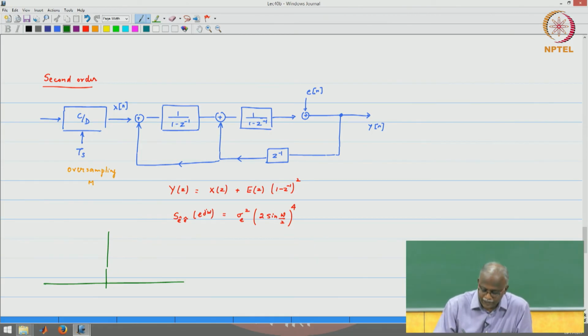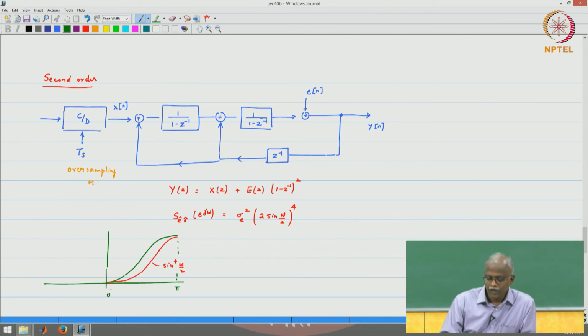So, if this is sine squared omega by 2, then this is going to be sine power 4 because it is less than 1. So, it is going to rise much slower, but eventually will reach the same. So, this is sine power 4 omega by 2 all the way from 0 to pi.